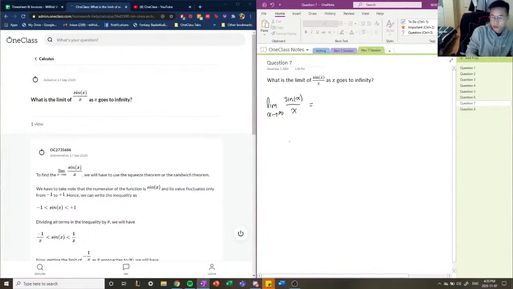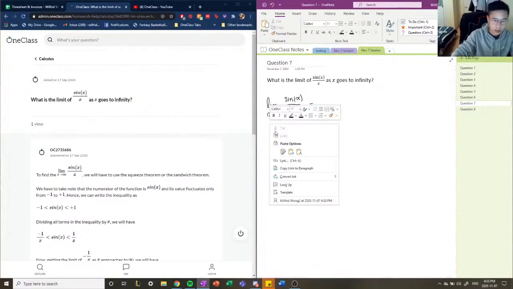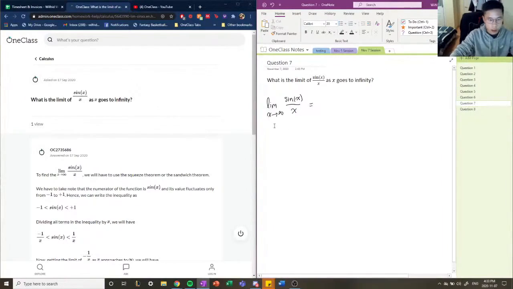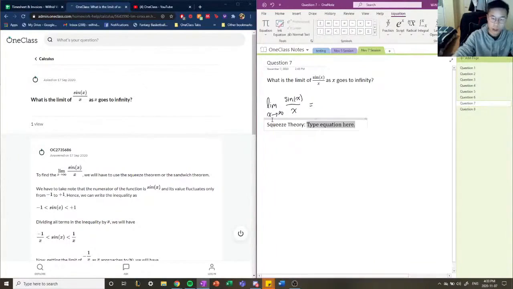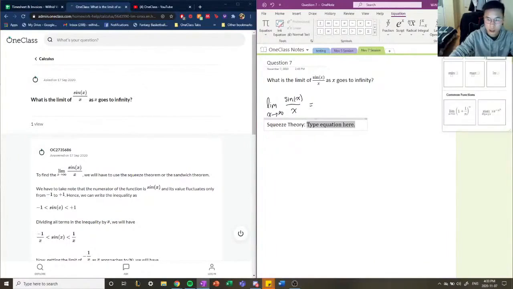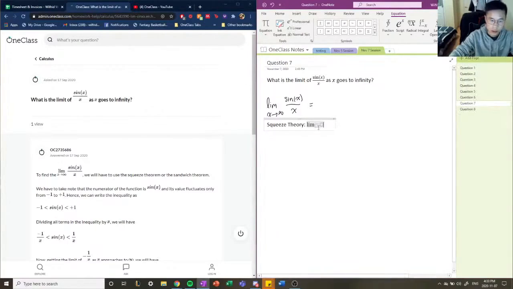So we're going to use what we call the squeeze theorem or the sandwich theorem. Let me explain it to you guys here. The squeeze theorem suggests that, let's say, we want to find the limit when x approaches infinity of a function f of x.